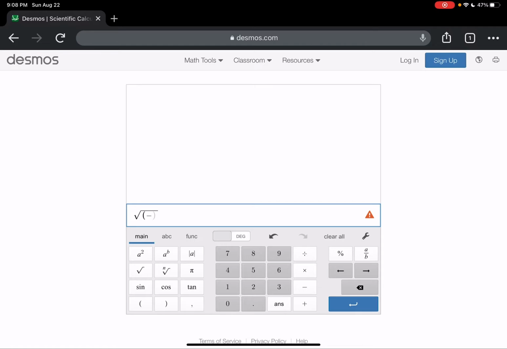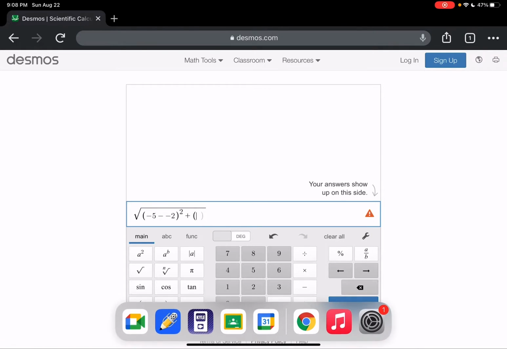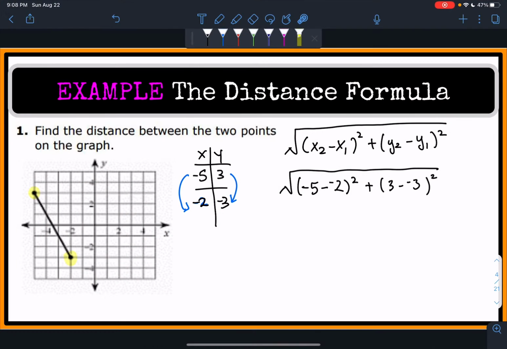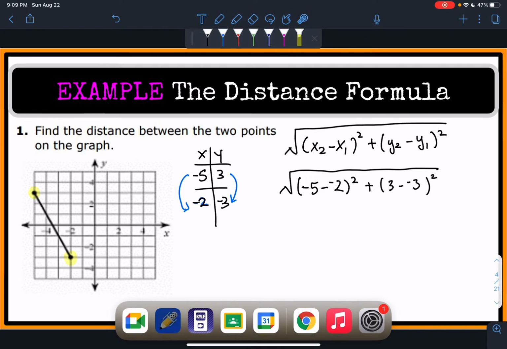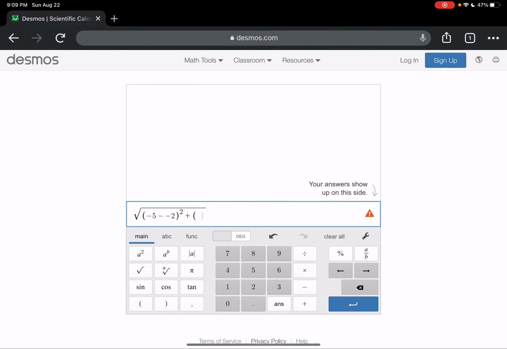We have -5 minus -2, close the parentheses and raise that to the second power. We are then going to add in our second parentheses, 3 minus -3, and again raising that to the second power.